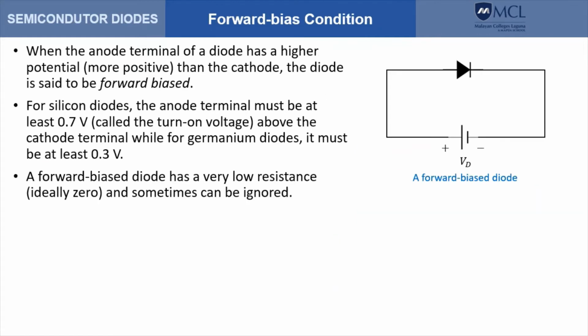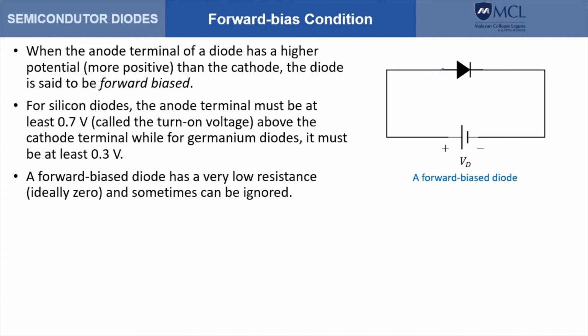There are two operational conditions for a diode, and these are the forward bias and reverse bias conditions. When the anode terminal of a diode has a higher potential than the cathode, meaning it is more positive than the cathode, that diode is said to be forward biased.